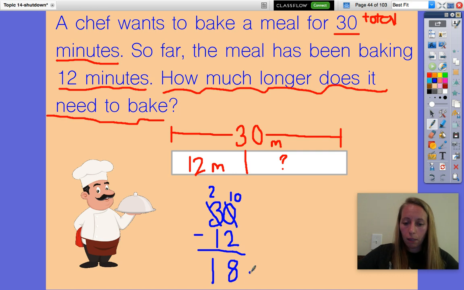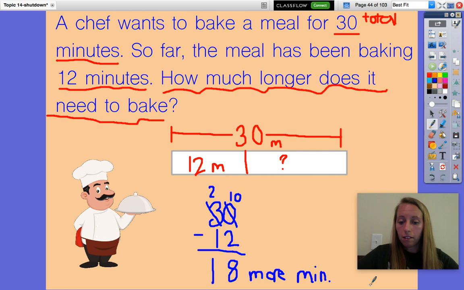So our label would be 18 more. We could just write 18 minutes, but let's make it even more specific, 18 more minutes. And you could write MIN to abbreviate for minutes. So 18 more minutes. All right, let's try another one.